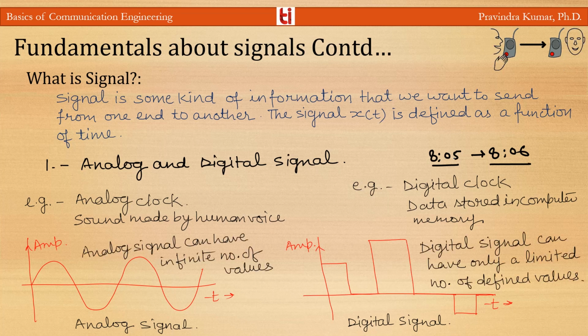An analog signal can have infinite number of values over a period, and a digital signal can have only a limited number of defined values in some duration. Just like in this duration, this is a limited value, but in this duration the signal has infinite number of values.